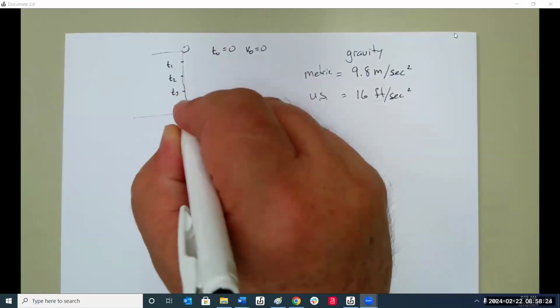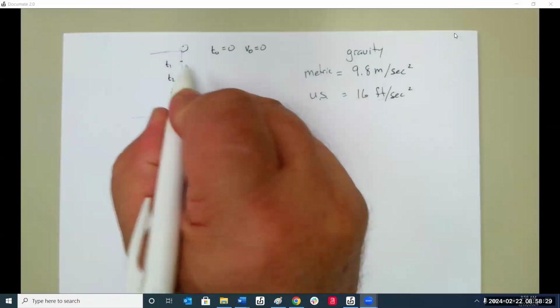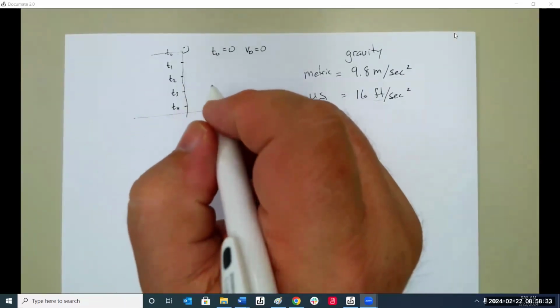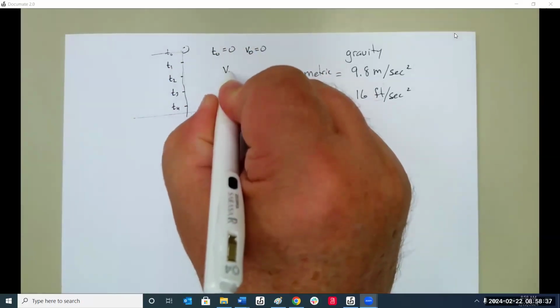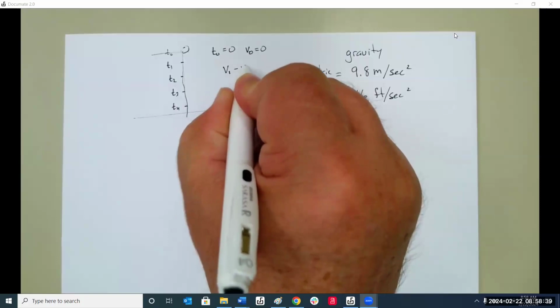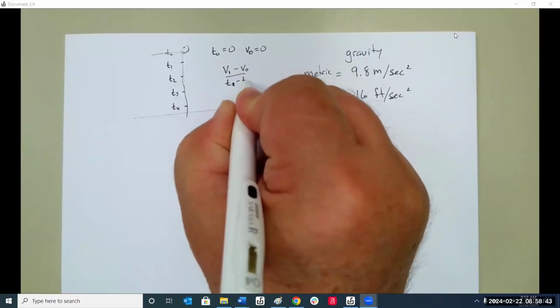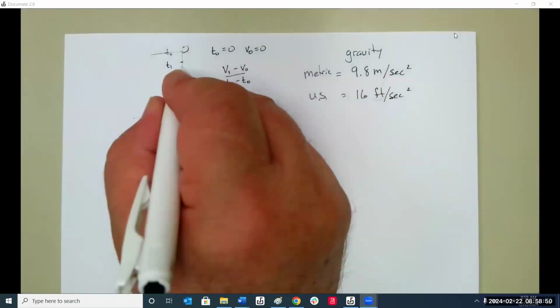At T3 is here. T4 is there. From T0 to T1, we know we can look at the velocity over the time. That's the slope formula. So we're looking at the rate of change over each of these.